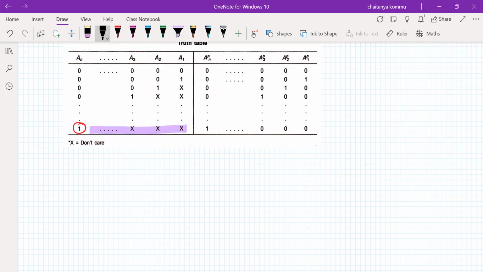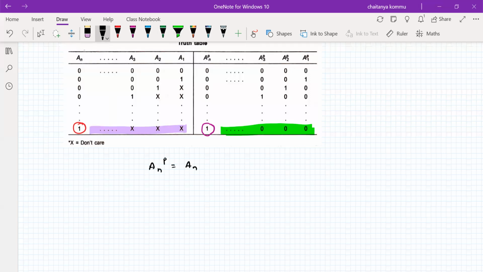You should generate the output equal to 1 for AN of P, and the remaining are all zeros. Agreed? So what I can write here is that AN of P is nothing but simply AN, irrespective of the other things.